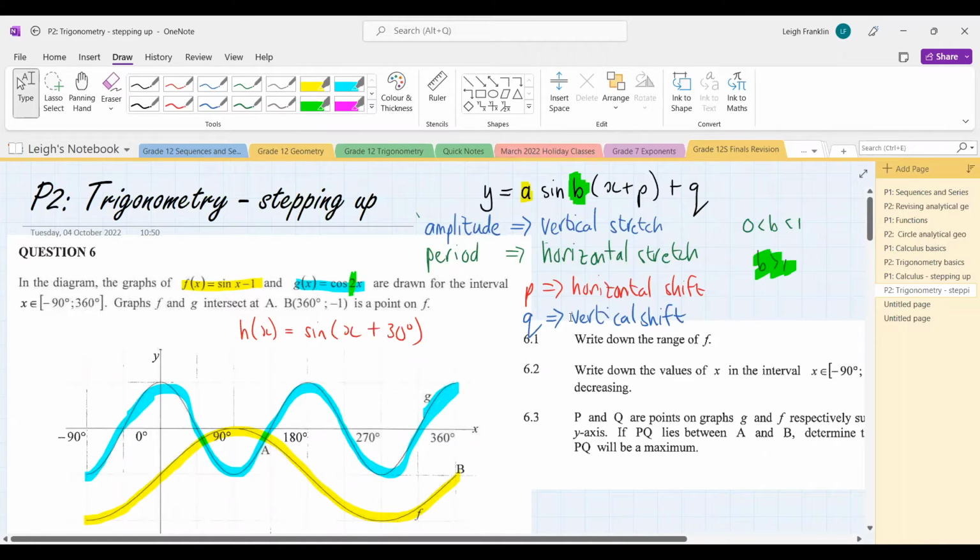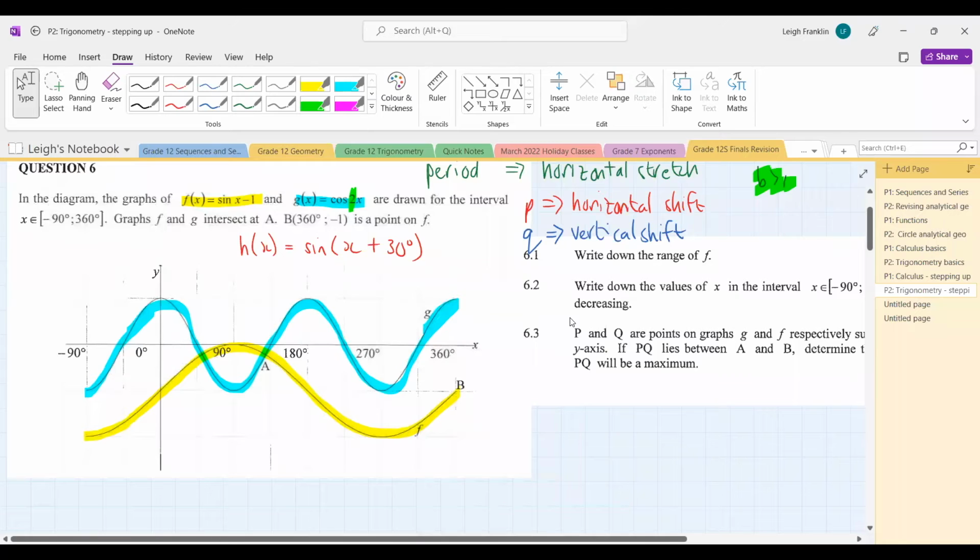The first thing that they ask us about in 6.1 is the range of f. Okay, so I'm not going to give you guys the answers. I want you to tell me what you think. So in 6.1, what do you think the range of f is? What does the word range mean?